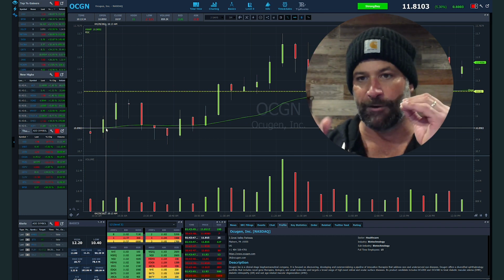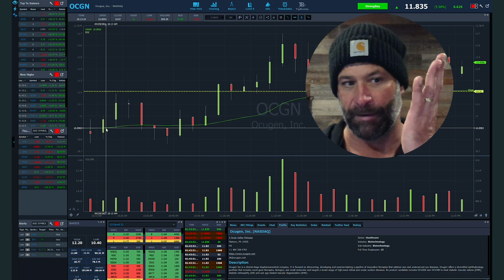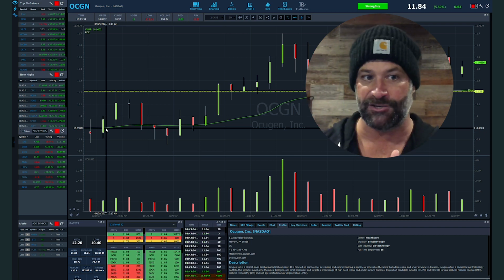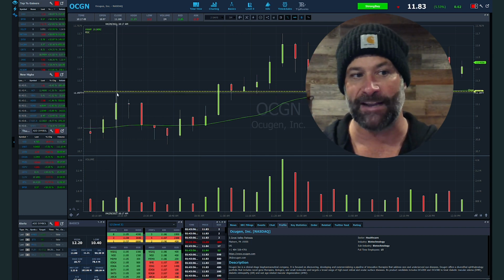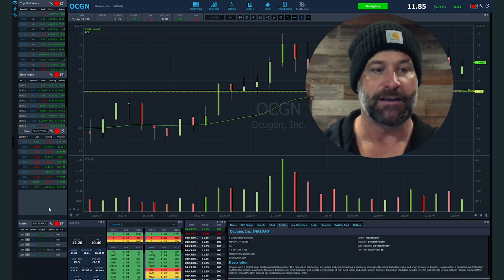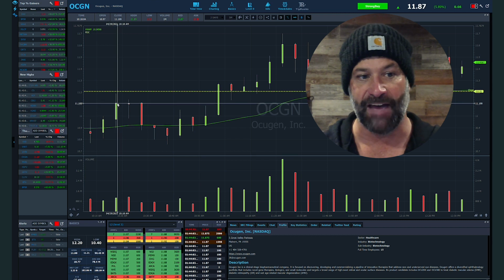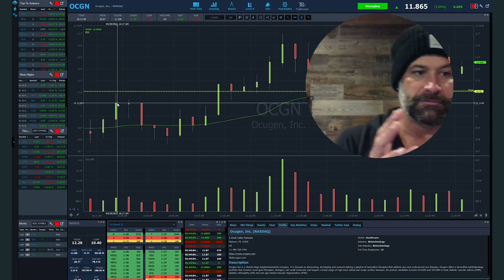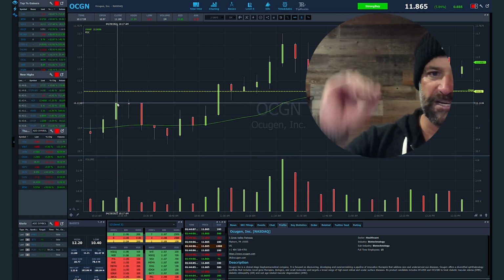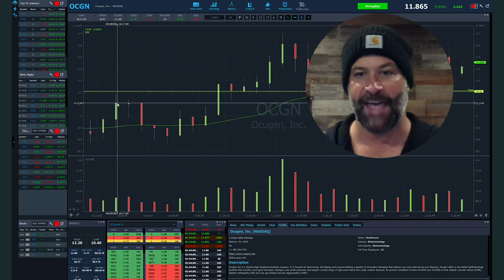So on a green candle, the bottom of the body is the opening. The wick is the range, the lowest it went. And then it went as high as 1119. That's your second wick. Then the candle closed at 1111. So opening price, closing price, highest and lowest within that time frame.